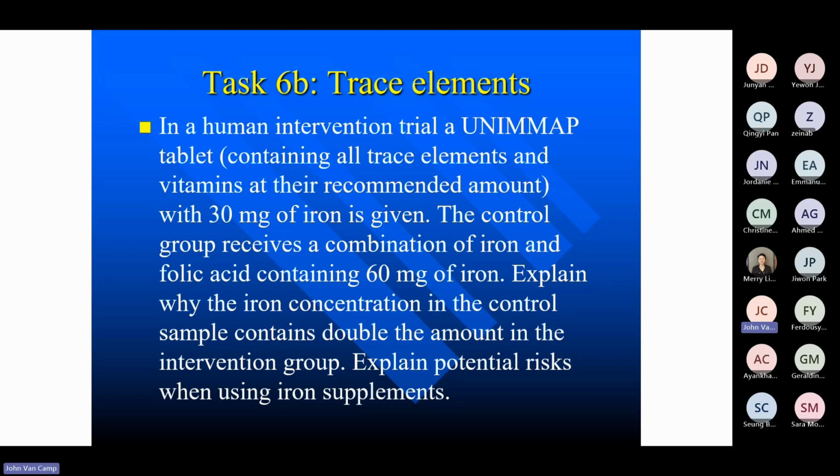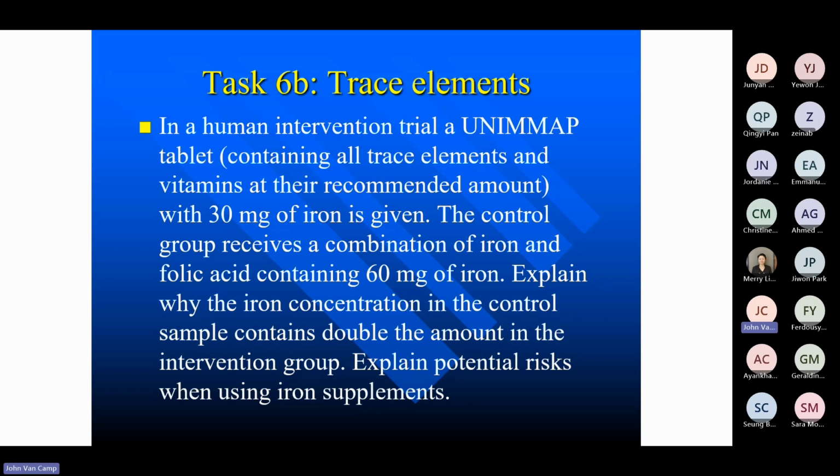So we give this Unimap tablet, and in the tablet there are 30 milligrams of iron physically present. We have a second group, which is the control group, and that group receives a combination of iron and folic acid, whereby the iron has a level of 60 milligrams of iron in one tablet.